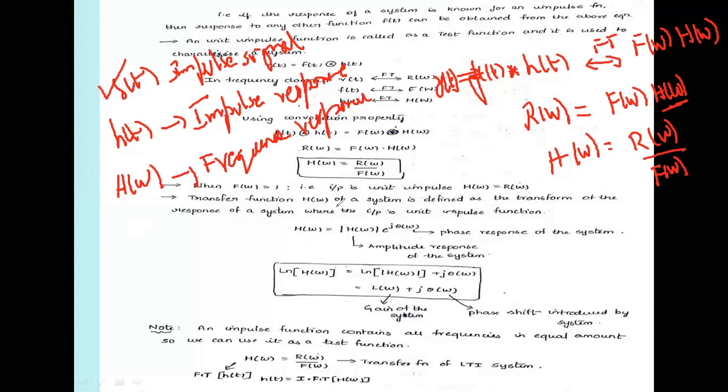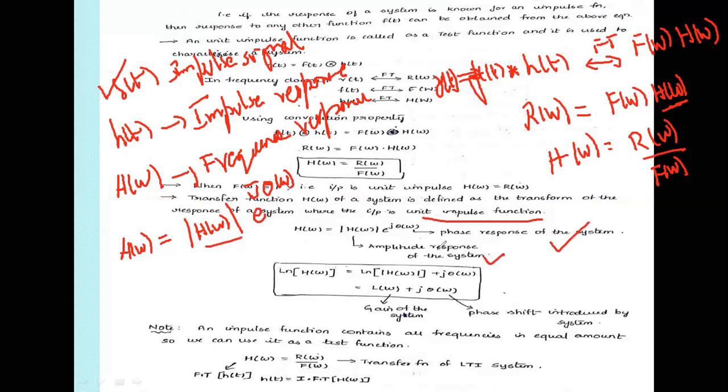The transfer function h of omega of a system is defined as the transform of the response of the system where the input is the unit impulse function. We write h of omega as the magnitude of h of omega times e power j theta of omega, where the magnitude of h of omega is the amplitude response of the system and theta of omega is the phase response of the system.